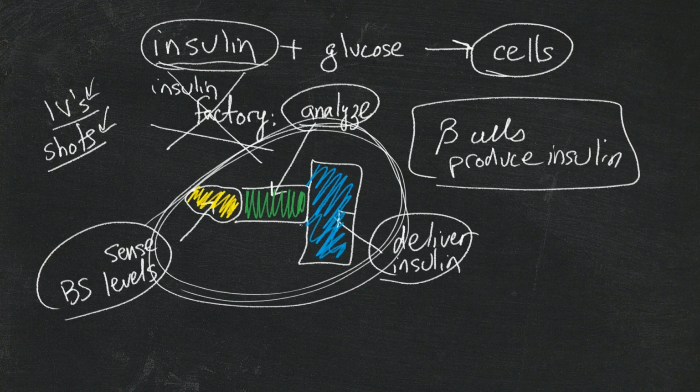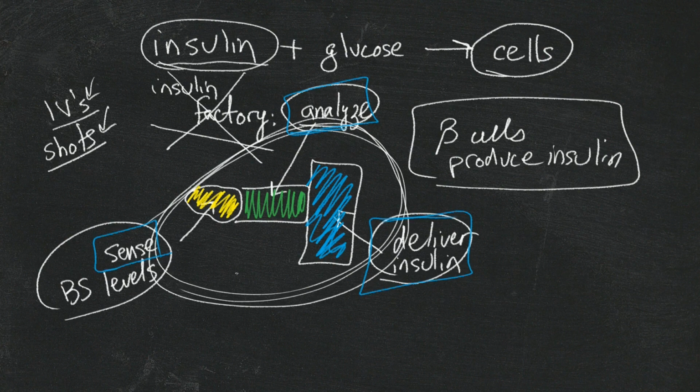A lot of times when we're talking about managing type 1 diabetes, people talk to us as if we are an artificial pancreas, in the way that we have to think like a pancreas: the sensing of where blood sugars are, the analyzing of how much we need, and the delivery in order to cover that. That's our role. Therein lies the rub, because this takes a lot of work, and it's exhausting from time to time.